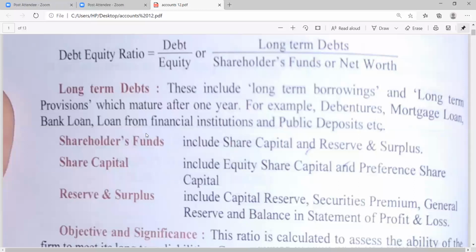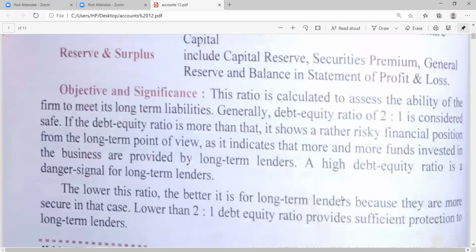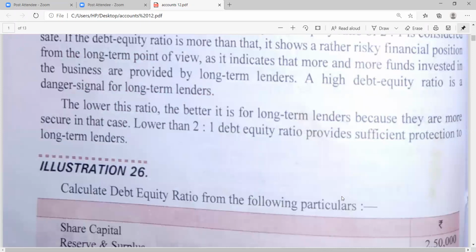While calculating the shareholder fund, you add equity share capital, preference share capital, capital reserve, securities premium, general reserve, and balance in the statement of profit and loss. In this way, you can calculate the value of debt and equity very easily.